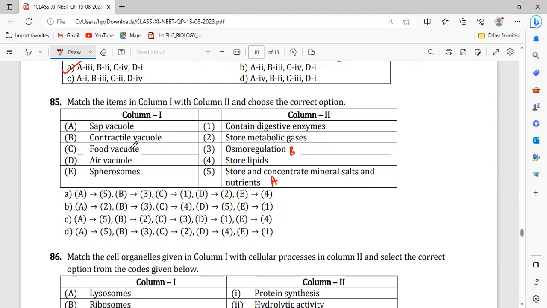They will contain some digestive enzyme so that the food, whatever it is taken in, should be digested. Air vacuole will contain the gases, the name itself says, metabolic gases. Spherosomes, they will store the lipids. Spherosomes are the microbodies, right? So answer is option A.